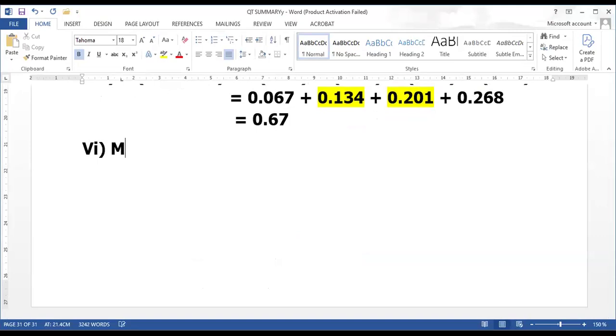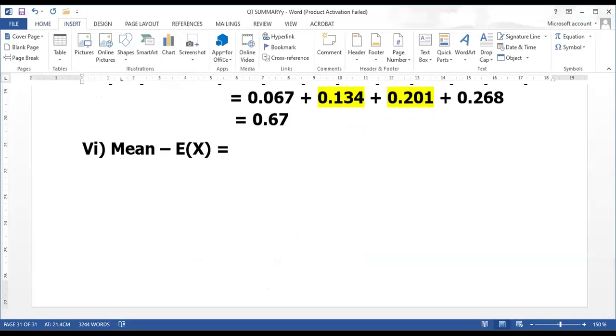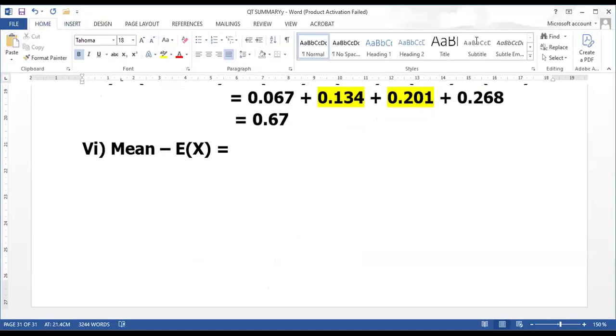We need the mean. How do we get the mean? Sometimes they say you look for the expected value of x. That is the mean. And the mean is equal to what? You get the summation.